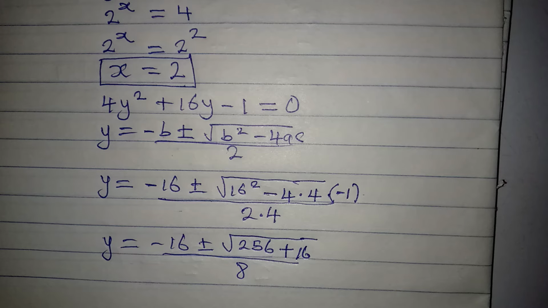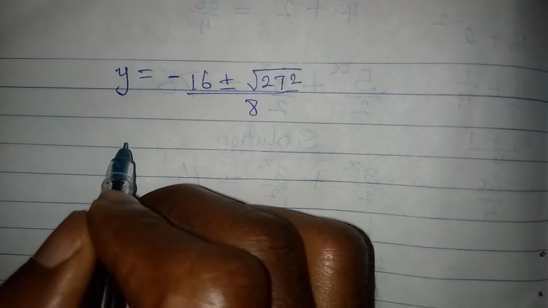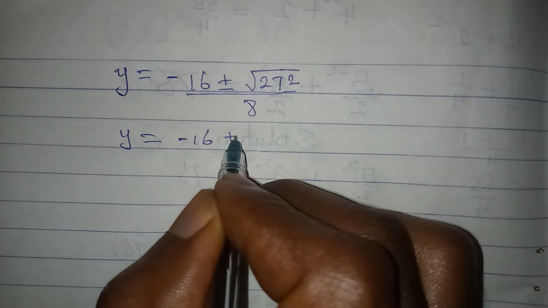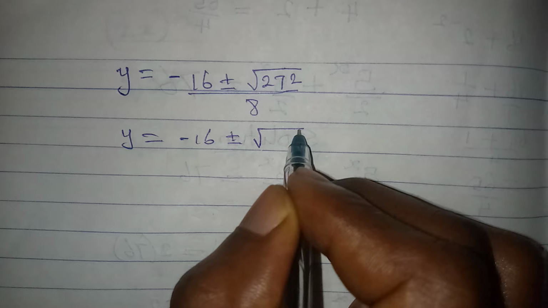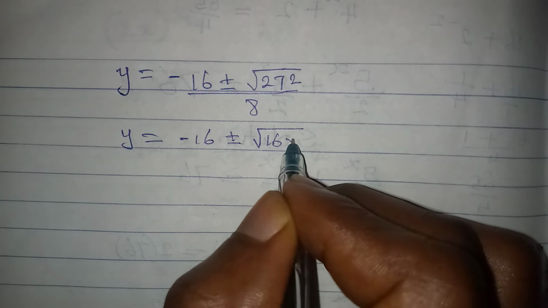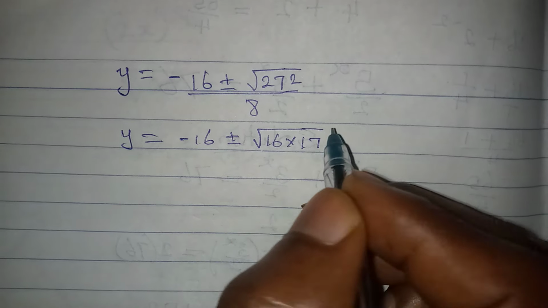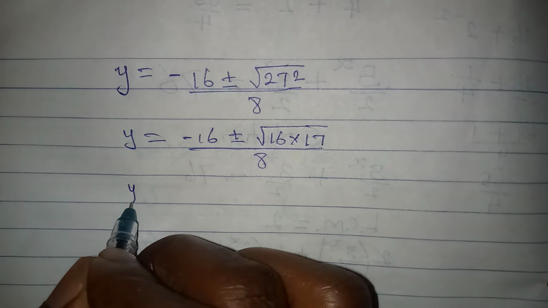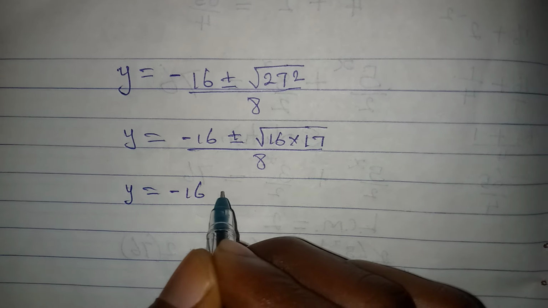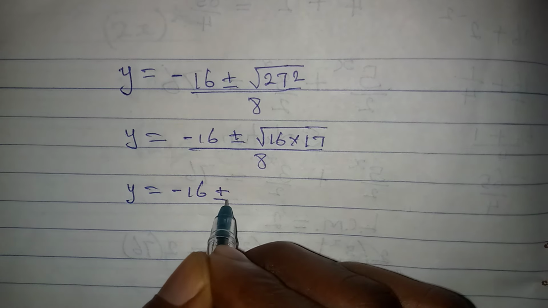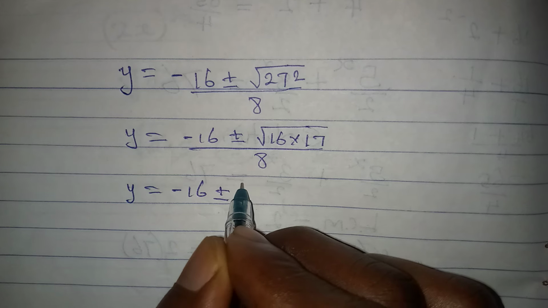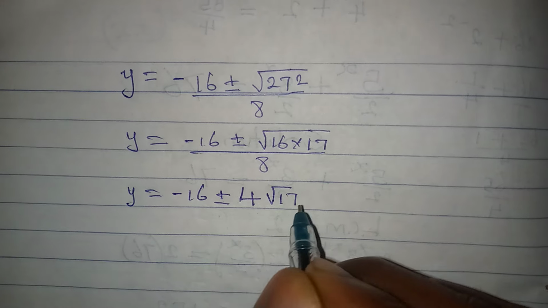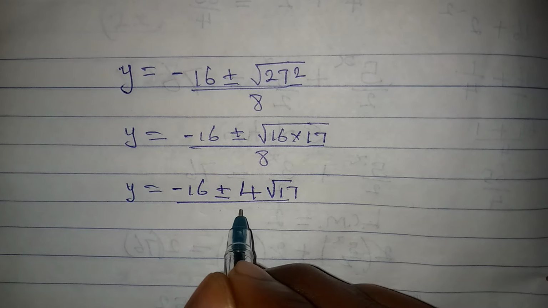Now let's continue. Okay, so y will now be equal to minus 16 plus or minus, then we have 16 times 17, and this will be over 8. So that y will be equal to minus 16 plus or minus, we have 4 here, then we have square root of 17, and the whole of this will be over 8.